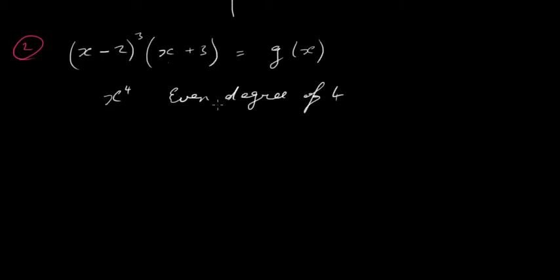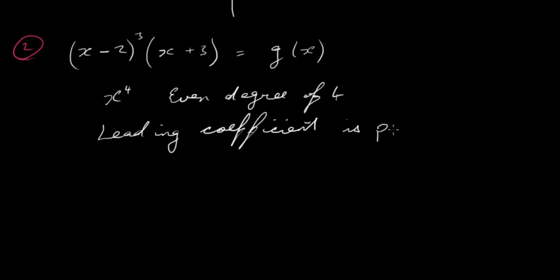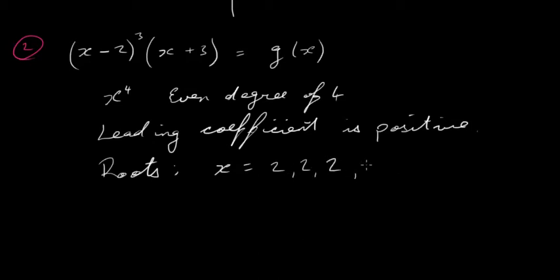Our leading coefficient, our x to the power of 4, there's a 1 in front, so our leading coefficient is positive, and our roots are going to be x equal to 2, 2, 2 if you like, and -3. So our x equal to 2 has a multiplicity of 3, and then we have a -3 here. If x + 3 is equal to 0, then x is equal to -3.